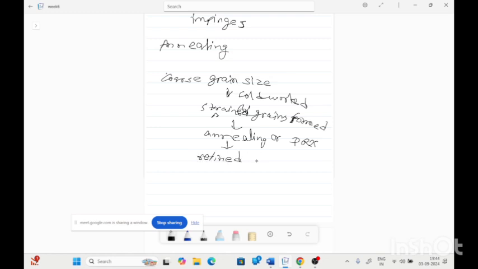The refined grains have a small grain size.